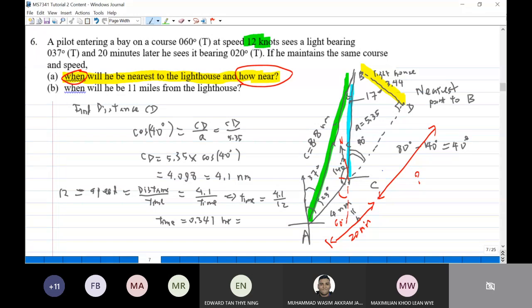You times 60 minutes, because 1 hour is 60 minutes, right? So this is actually 20.5 minutes. So you find that to cover this distance at this speed takes 20.5 minutes.